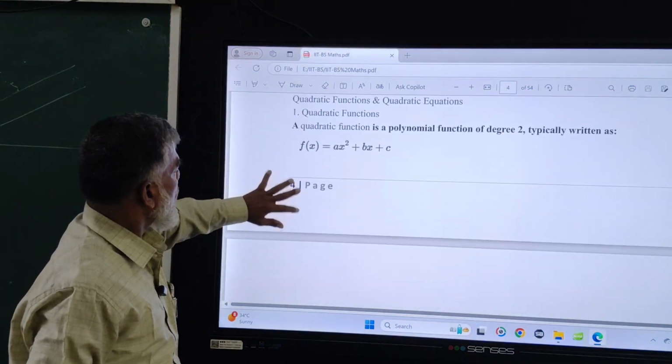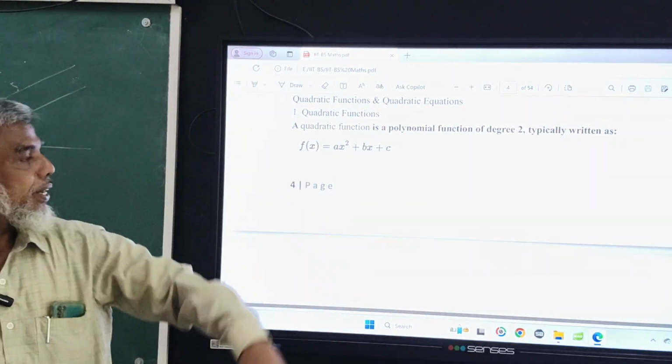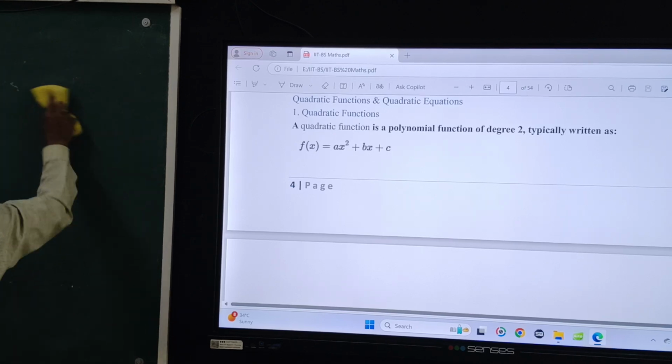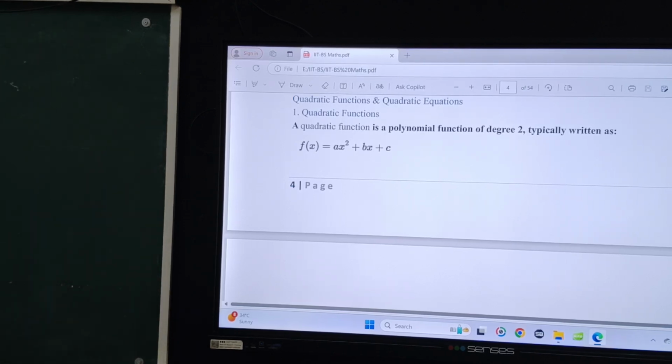Okay, so next, quadratic function. So far we studied sets and functions and straight line. But now we are going for quadratic function. Quadratic means what? Degree 2. Degree 2 example: a x square plus b x plus c.